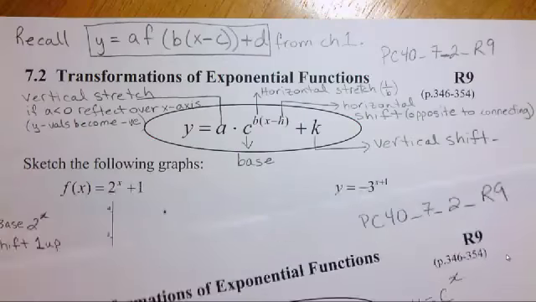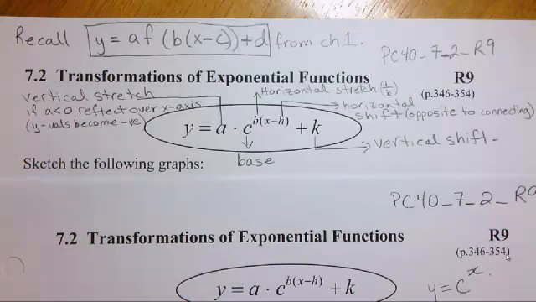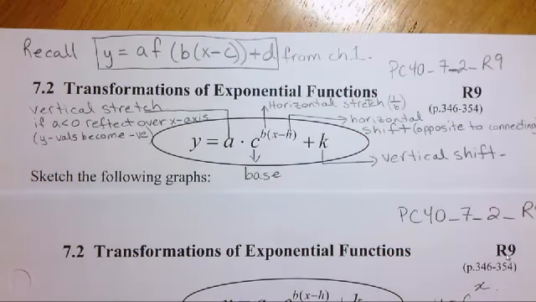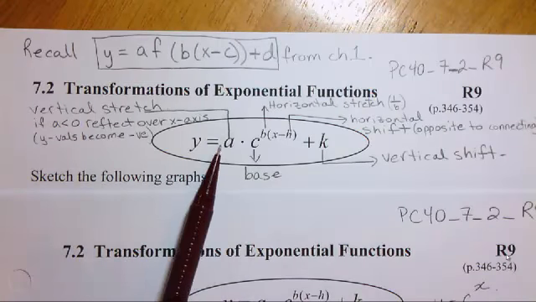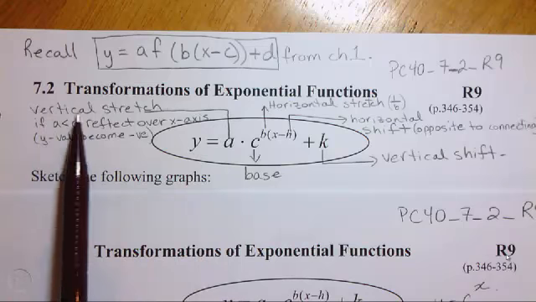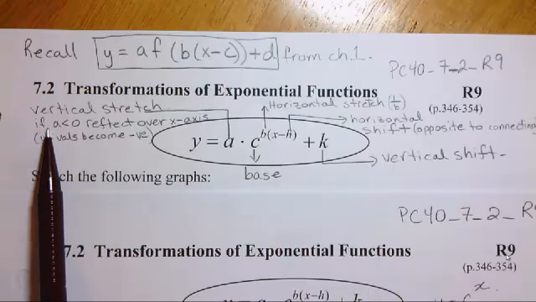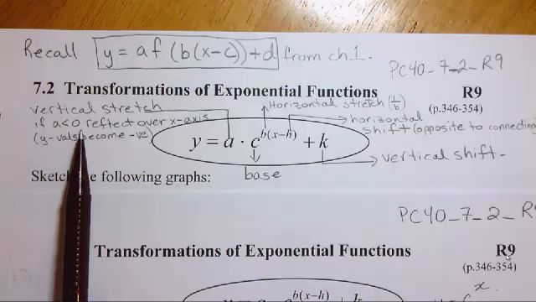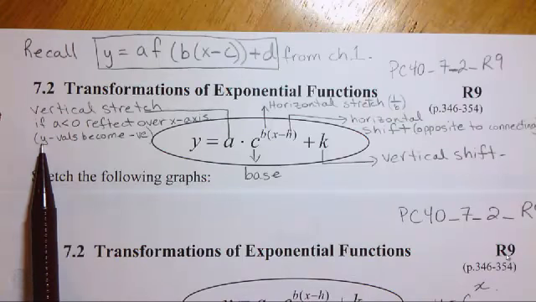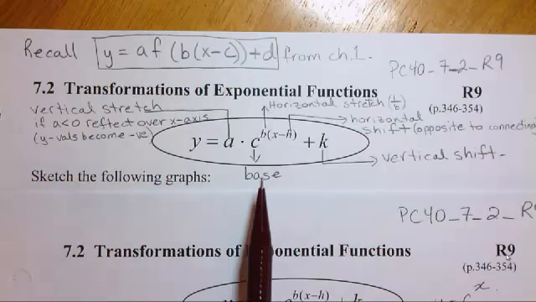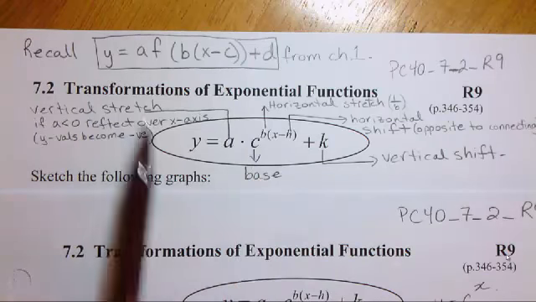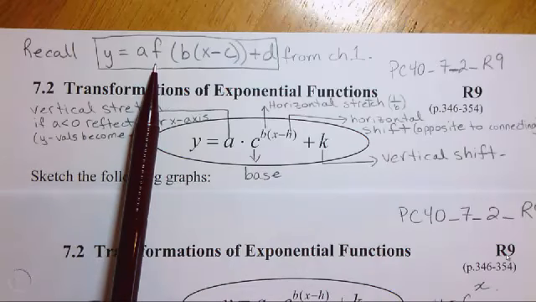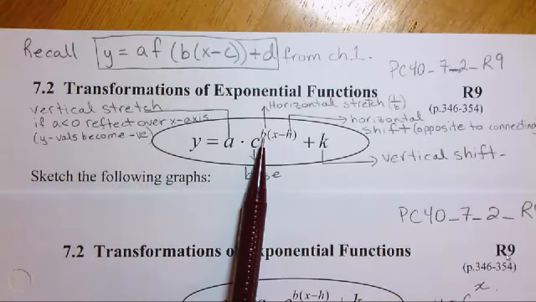So I've taken the liberty to write this out so that you can review. Now a is a vertical stretch, and if a was less than 0, then that means we had to reflect over the x-axis. That's where all of the y values became negative. And here, c is our base. So that's just like our f of x base function that was there. b is our horizontal stretch.